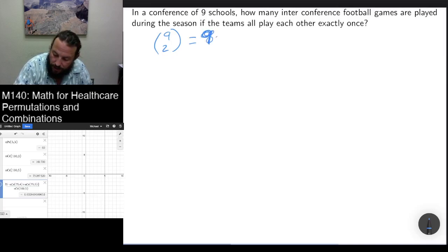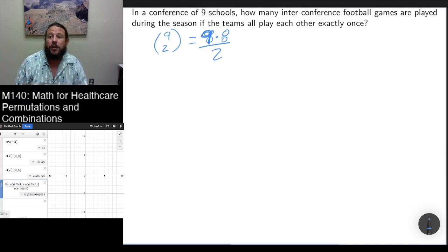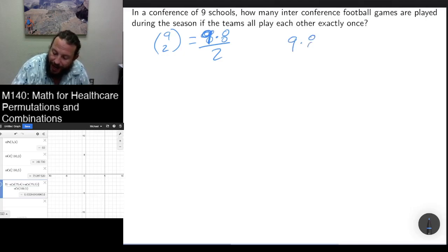By the way, this turns out to be 9 times 8 divided by 2. Right? Don't worry about the formula again, just letting you know. Because some people make a mistake and do 9 times 8, and I just want to show you the difference. You need to take the order out of it because they're only playing once. 9 times 8 is a permutation of 9 things taken 2 at a time.